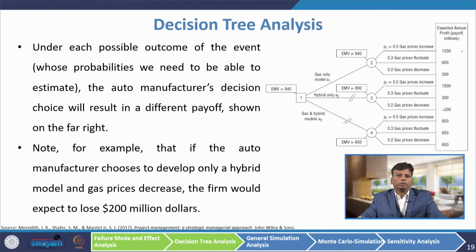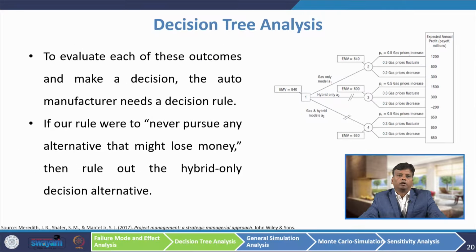Note, for example, that if the auto manufacturer chooses to develop only a hybrid model and the gas price decreases, the firm would expect a loss of $200 million. Here, they go for only the hybrid model. If in the market the gas price decreases, there will be a loss of $200 million.